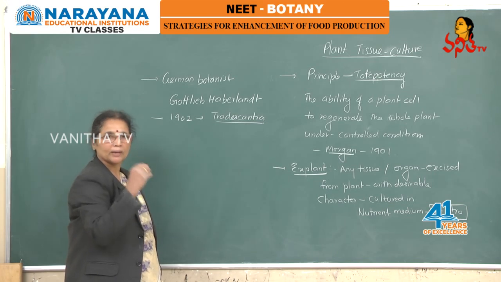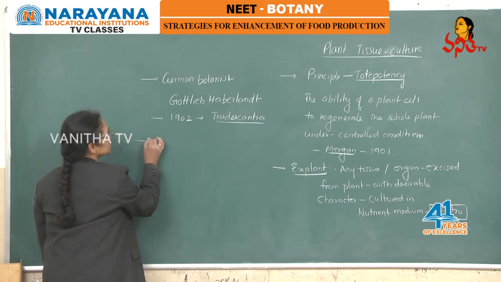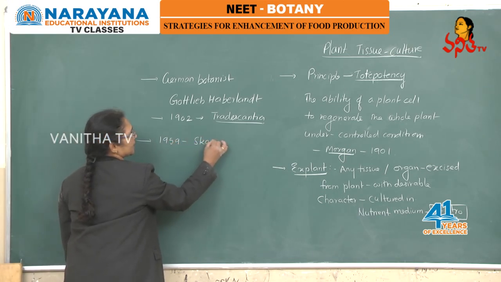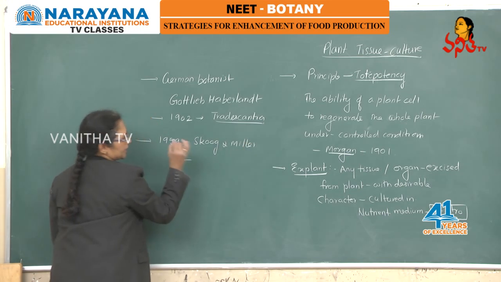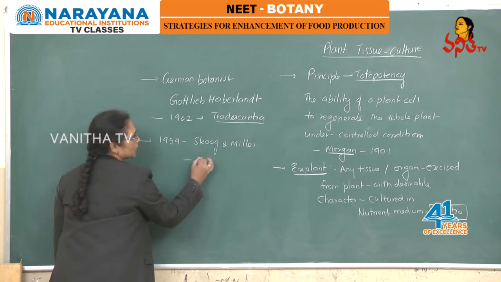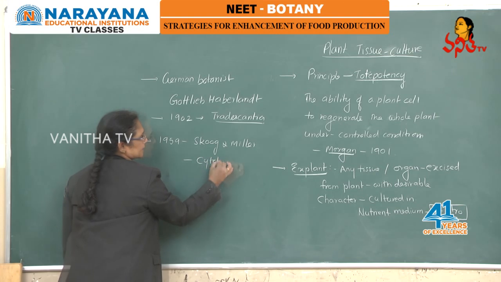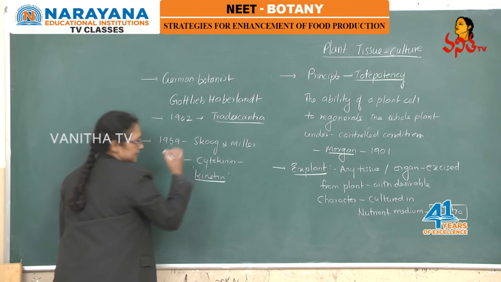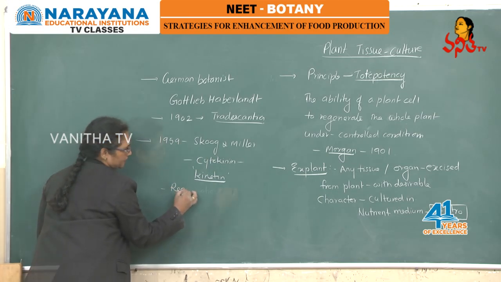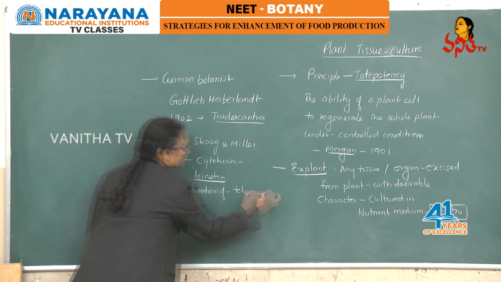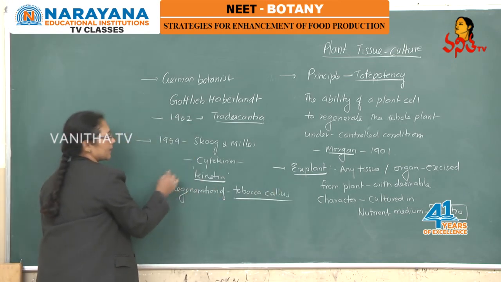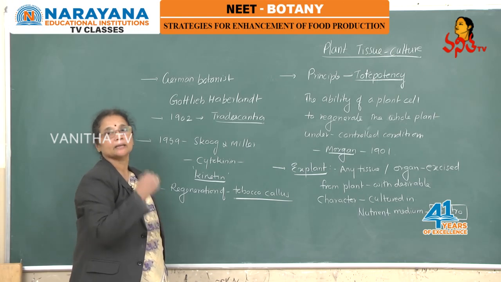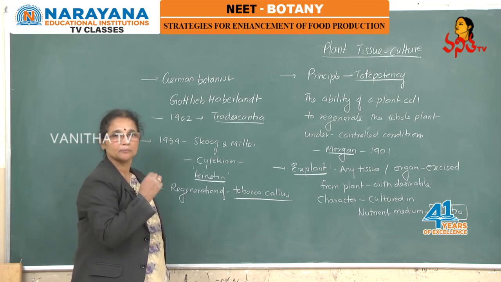And later one more discovery by Skoog and Miller in 1959. They discovered a plant hormone by name cytokinin, that is kinetin, which is responsible for the regeneration of tobacco callus. So this is the main step for launching tissue culture as a main program in the multiplication of the plants with desirable properties.